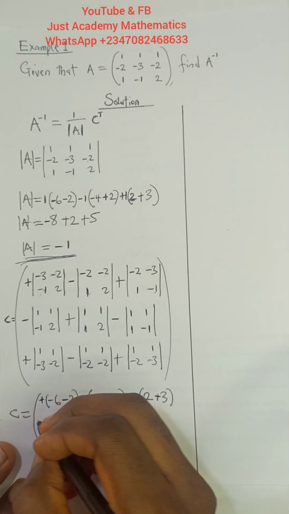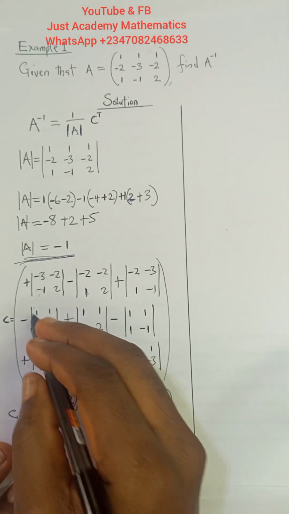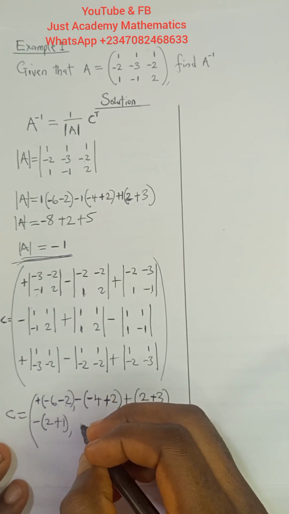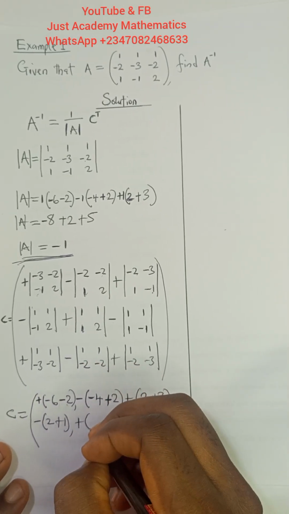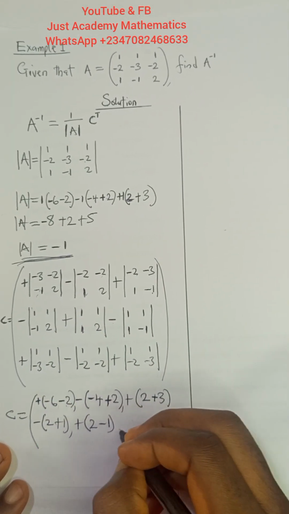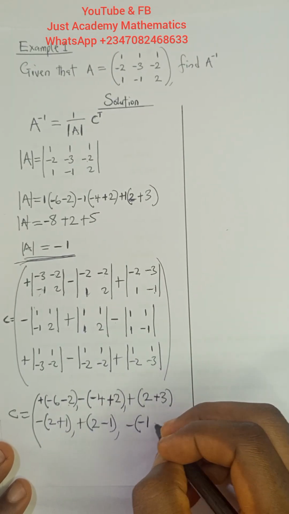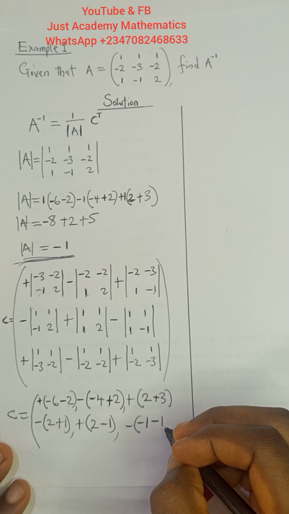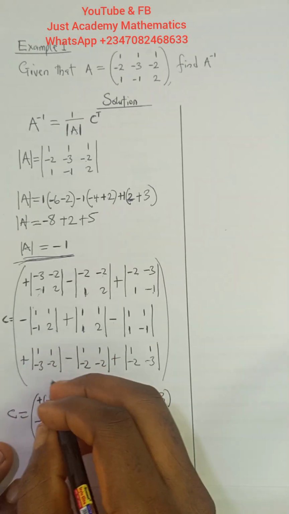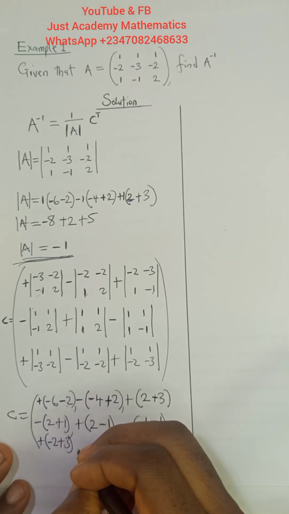So we'll go again plus minus, this time this 2, then we'll have plus 1. Then we'll start with plus 1 times 2, 2 minus 1. Then we'll go with minus 1 minus 1. So we'll go with plus. We'll have minus 2 minus that is plus 3.